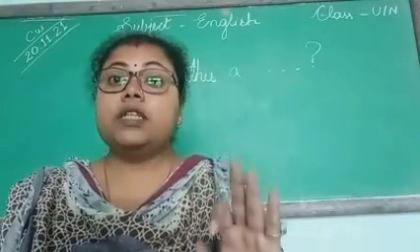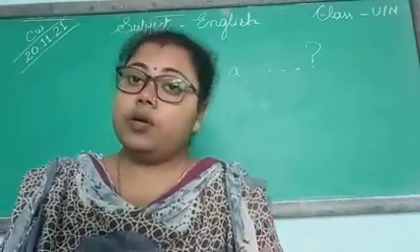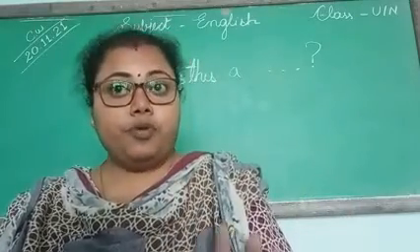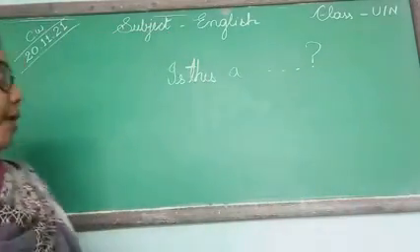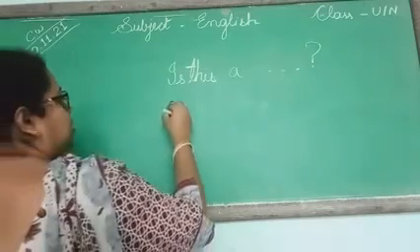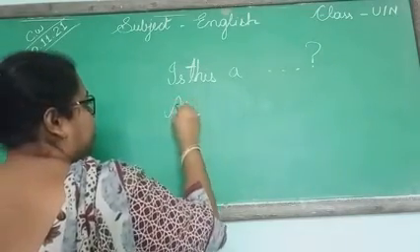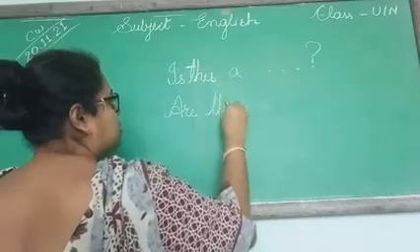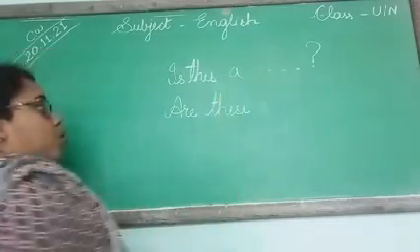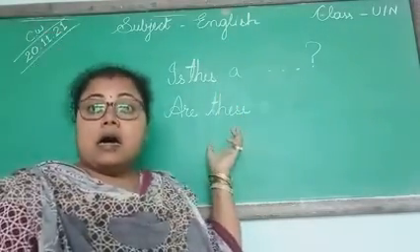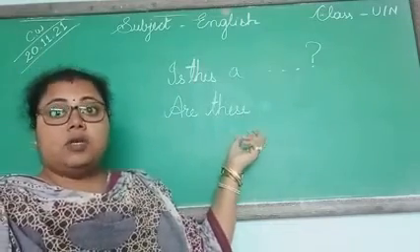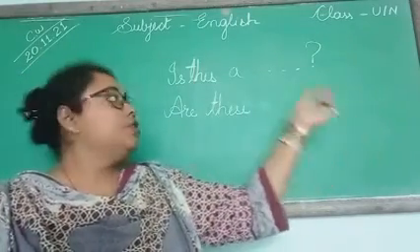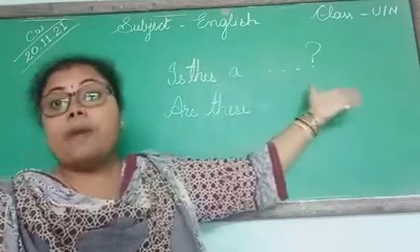But if the thing is plural, then what will you write? Our question will start with these. Our question will start with are these. Are these dash? Like, is this a bag?